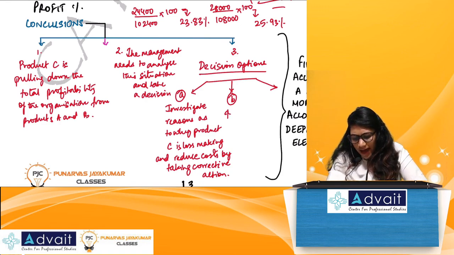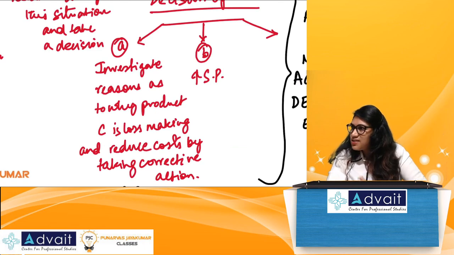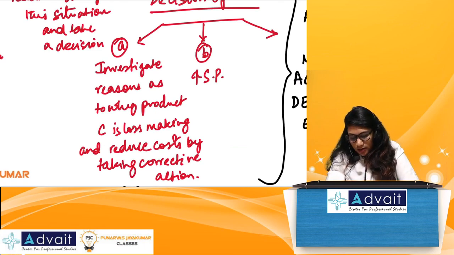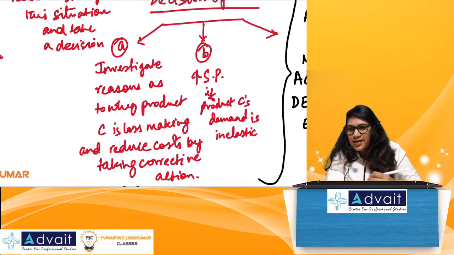Okay, I can think of increasing the selling price. Maybe I've not fixed my selling price properly. Correct? So you could increase the selling price if product C's demand is inelastic.